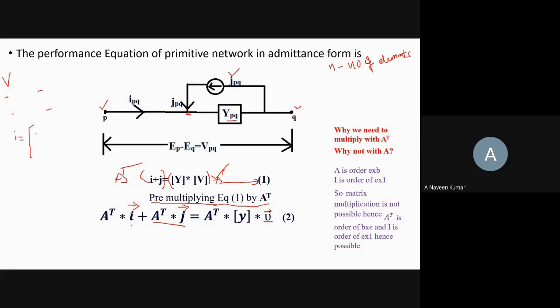If the network is a 3 bus system, and the number of elements is, for example, 5, where E is the number of elements, and the number of nodes is 3, now tell me, what is the order of matrix I?